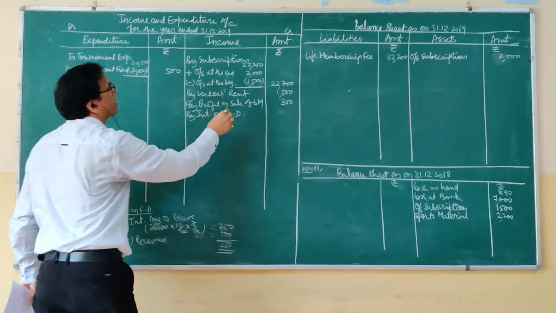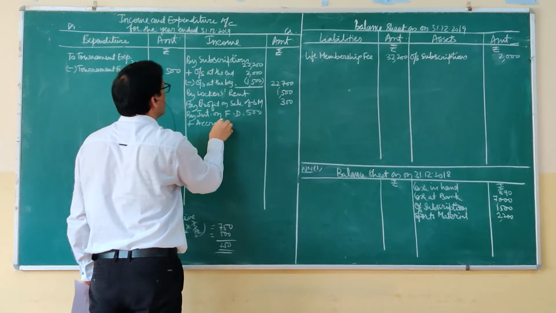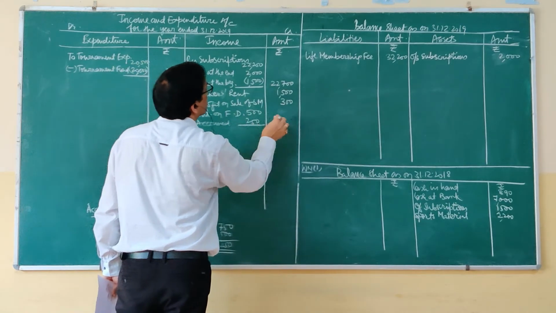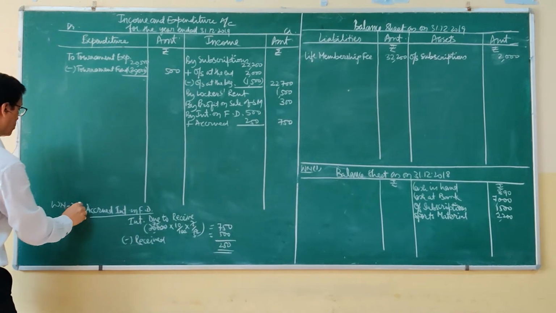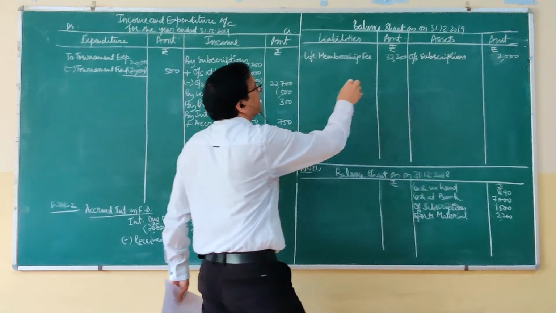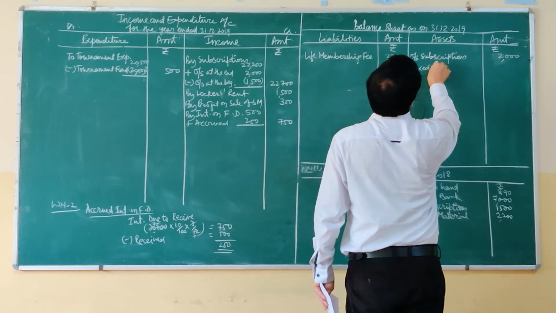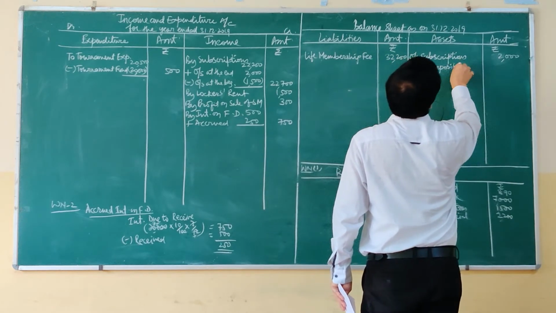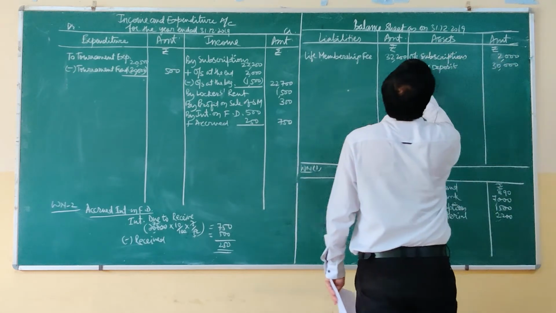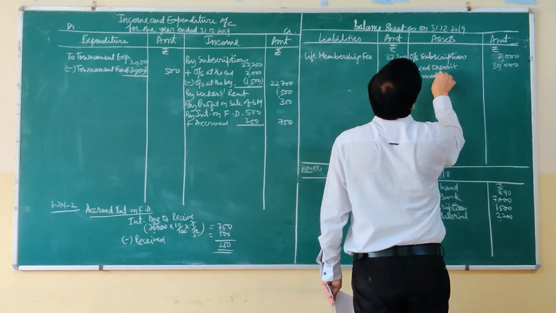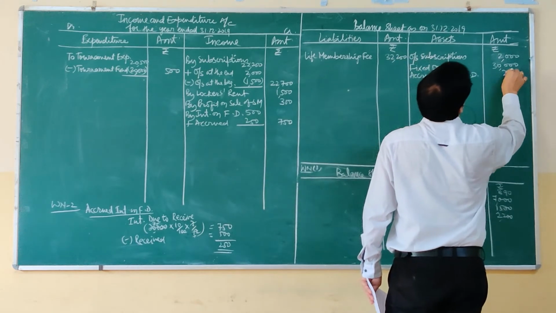So we take it here 500 plus accrued 250, total amount 750. This is our working note number 2. This 250 we will take here. We take fixed deposit 30,000 and accrued interest on fixed deposit. Accrued interest on fixed deposit 250.